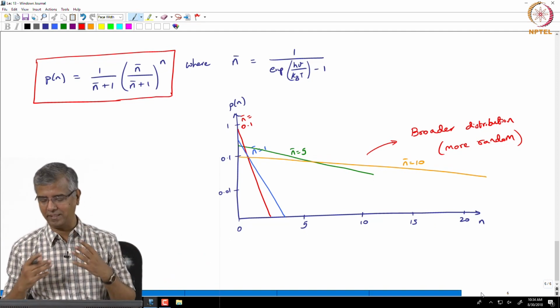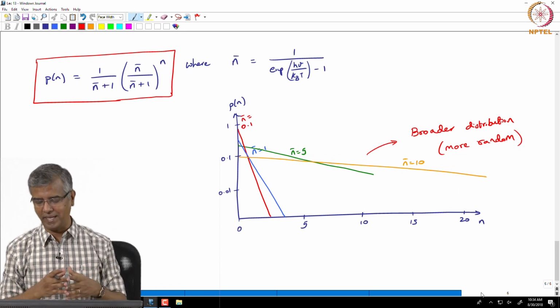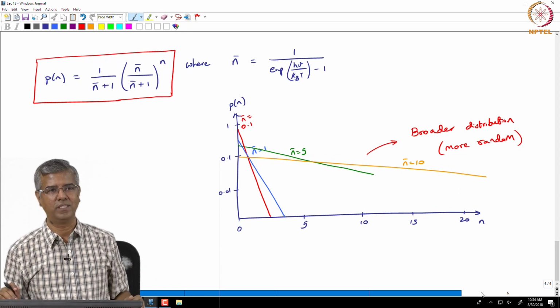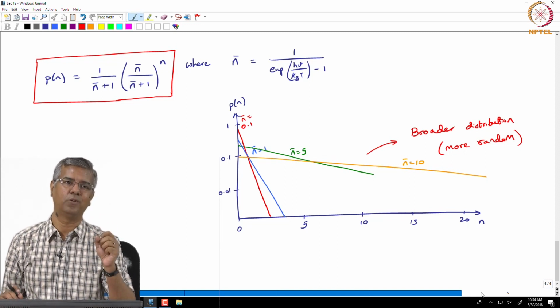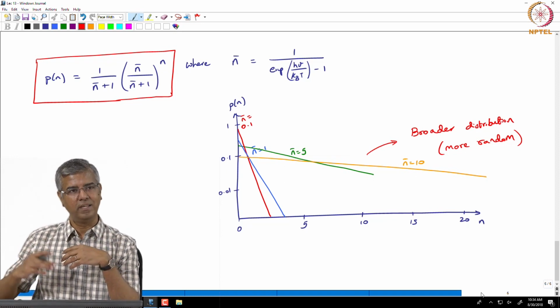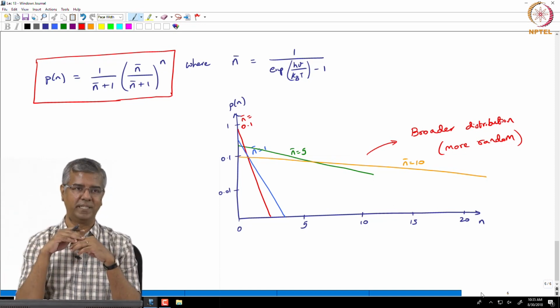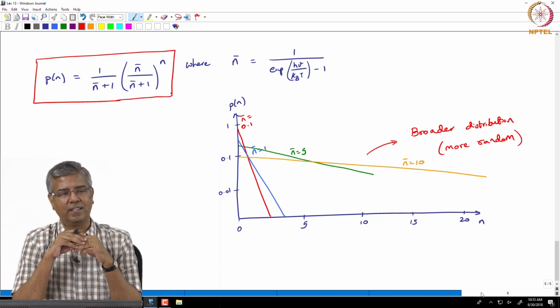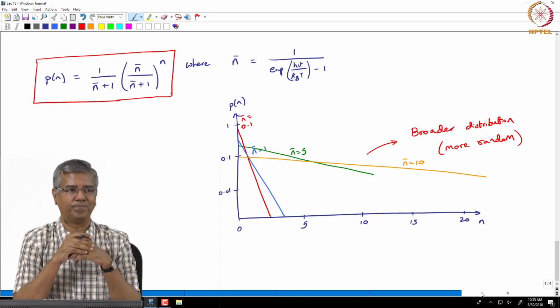So it doesn't mean that no photons emitted at any particular time. You have photons emitted, but the probability of finding 0 photons is slightly higher, and then when you consider large number of photons, that is actually a flatter probability. So we are saying that the emission is just random. That's the key point. Right.